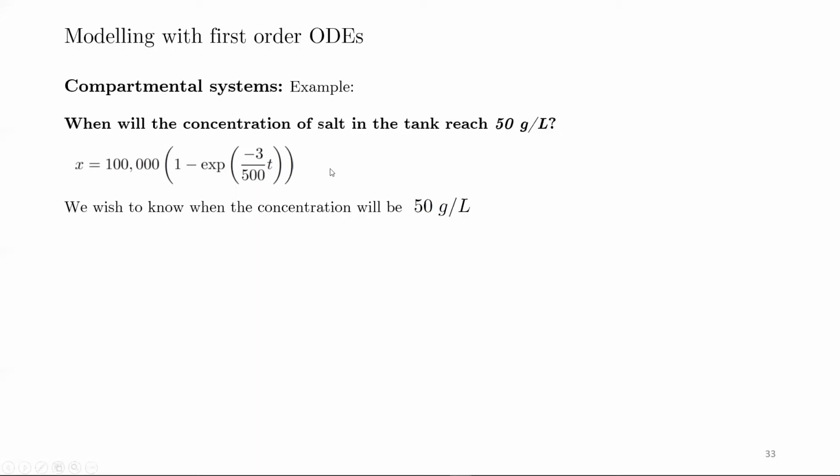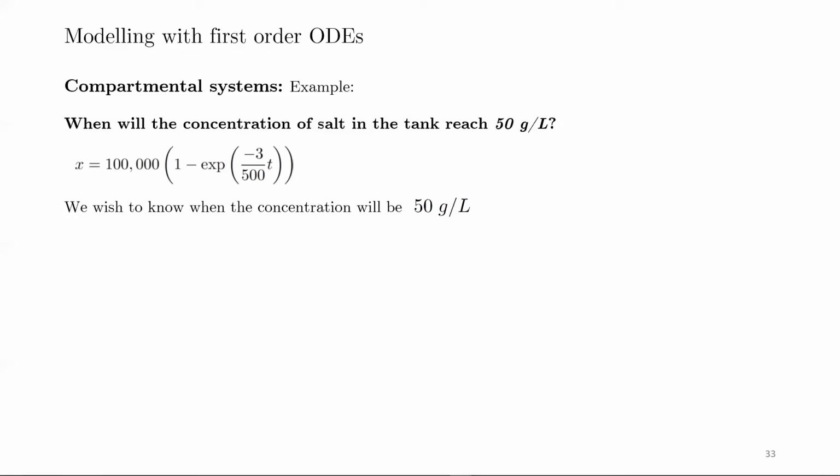So what we wish to know is at what time will the concentration be 50 grams per litre. That is, at what time will we have 50 grams per litre in our tank?